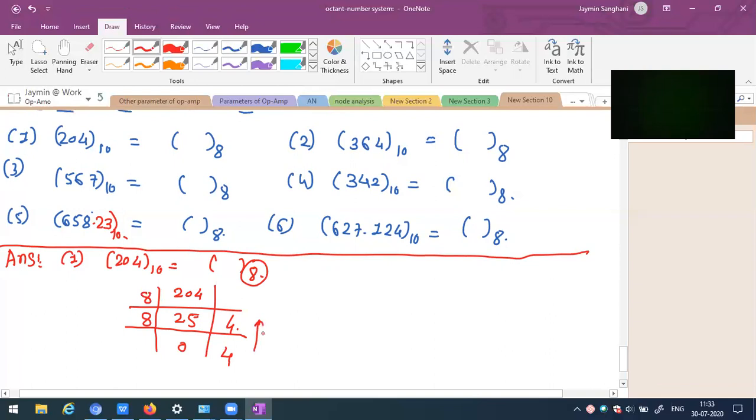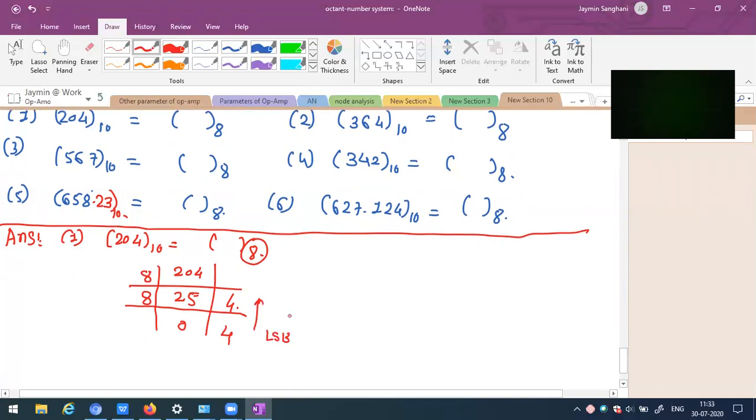It is known as LSB and MSB, most significant bit, least significant bit. Just divide, and whatever remainder is present. See this. 8 divided into 204: 8 2s are 16, remainder 4. Here 4 as it is. 8 5s are 40, remainder is 4.